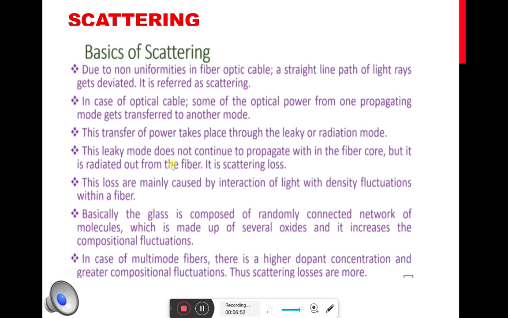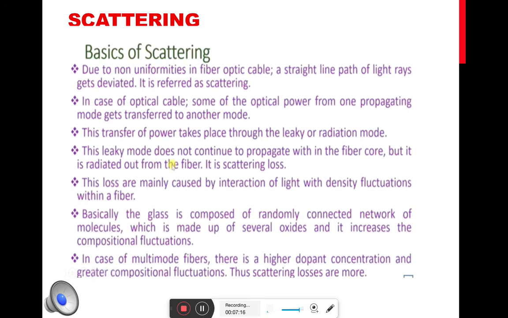Basically, when the light is traveling in a particular mode, there is a transfer of energy from one mode to another mode. Our intended mode is one mode, and the energy being transferred to the other mode is a leaky mode. In leaky modes, as we have already learned, the signal gets radiated and lost.